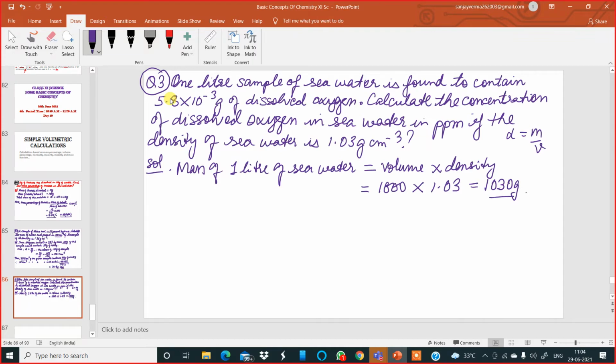Now I can say thus 1030 gram of seawater contains 5.8 into 10 to the power of minus 3 grams of dissolved oxygen.